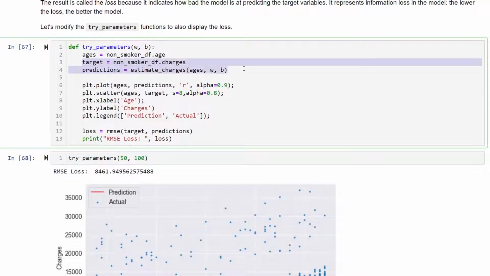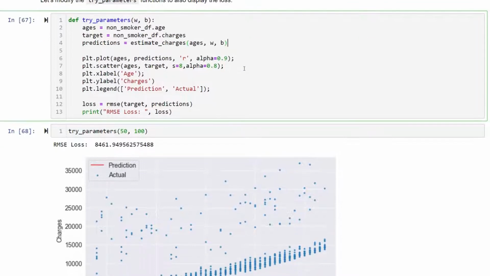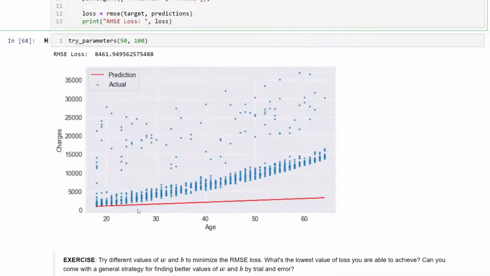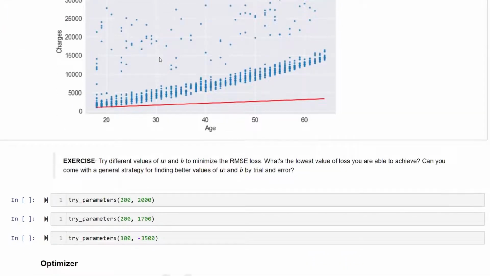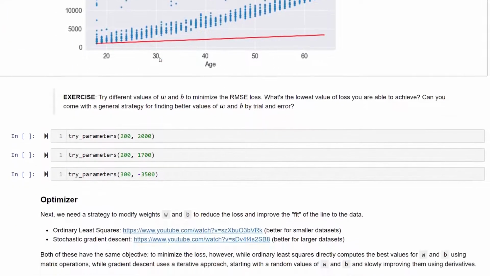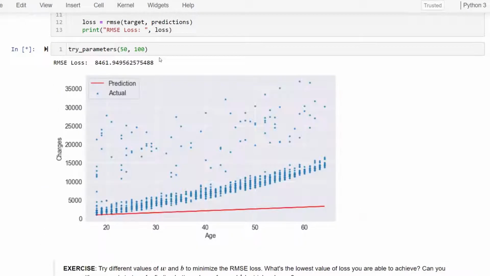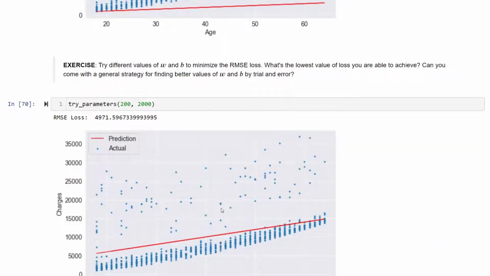I have included the target and predicted values inside the function and am plotting exactly what I did before, and it is able to show the prediction loss value in the graph itself by plotting that. Exercise: try different values of slope and intercept, as we have already done. So I have done 200 and 2000.